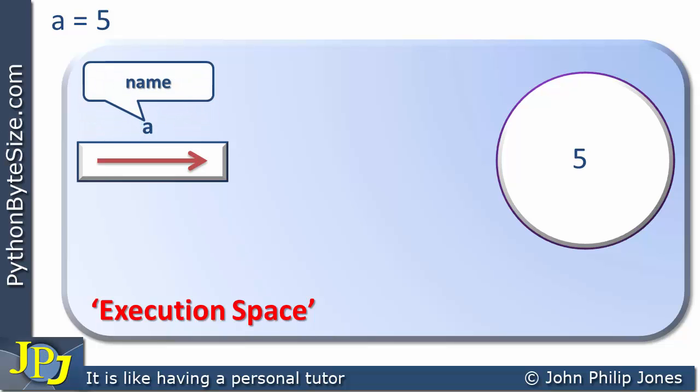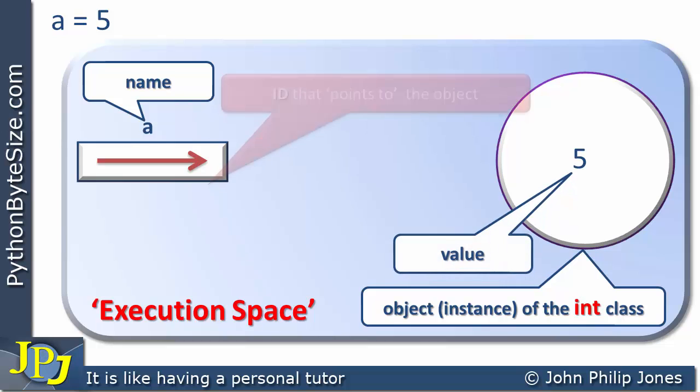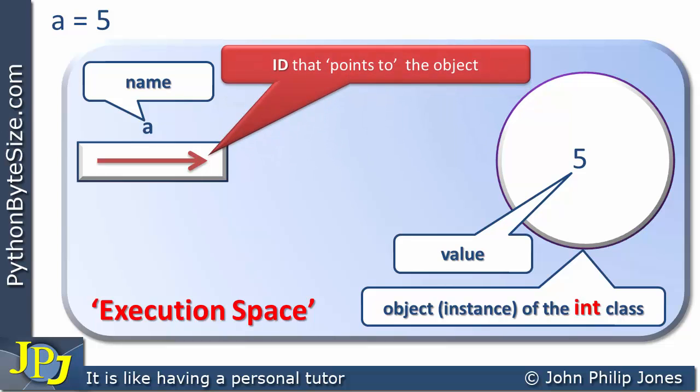What we will get is the variable name, as you can see here. And this over here is an object, which is also referred to as an instance of the int class, the integer class. And this is the value stored in this particular object. Now this arrow represents the identification that points to the actual object.